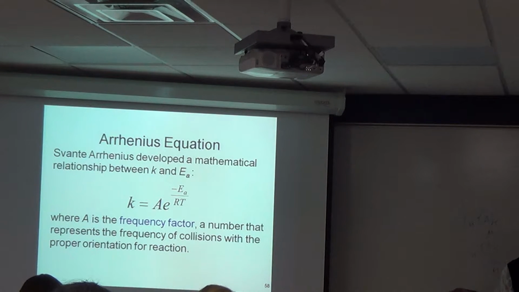The EA is still the same as on the last slide, R is still the same R, T is still the temperature. Now A is the frequency factor. The definition is a number that represents the frequency of collision with proper orientation for the direction.